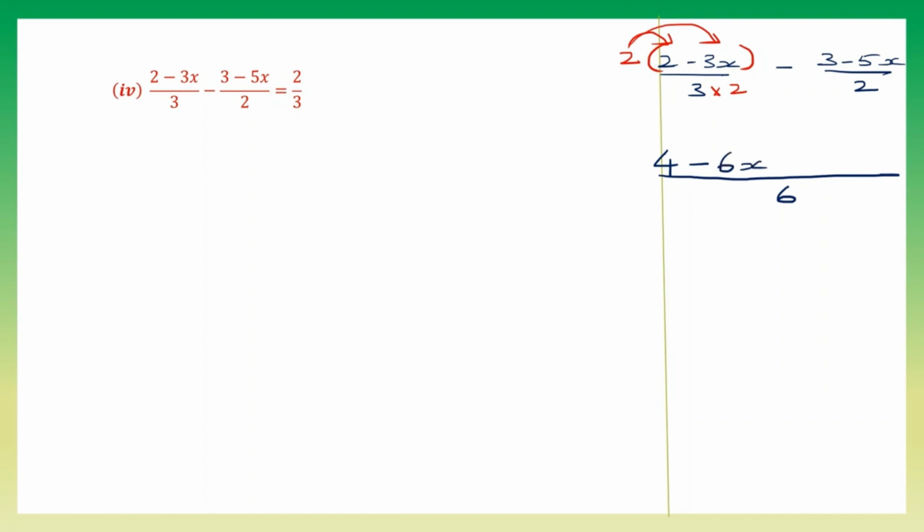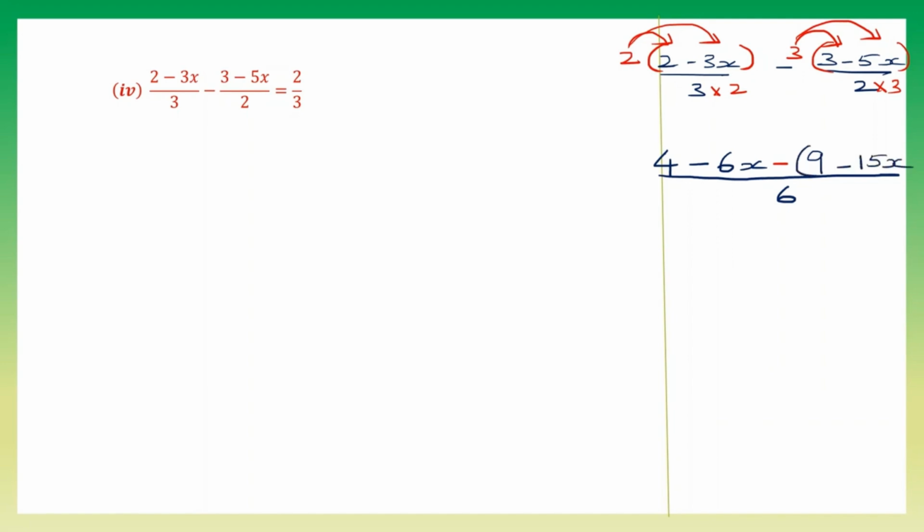Now let's go to the other fraction here. 2 3s are 6. So we have to multiply this whole thing by 3. When you do that, you have to do first 3 into 3 and then 3 into minus 5x. So 3 3s are 9. Now before that we have a minus sign. Let's be careful about the minus sign. 3 3s are 9 minus 3 5s are 15, 15x.